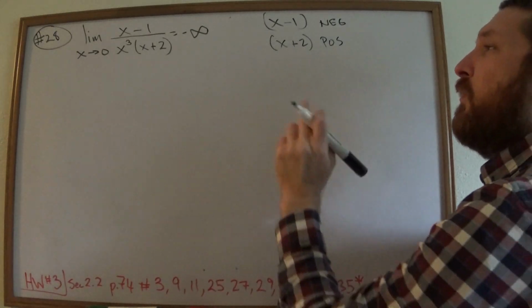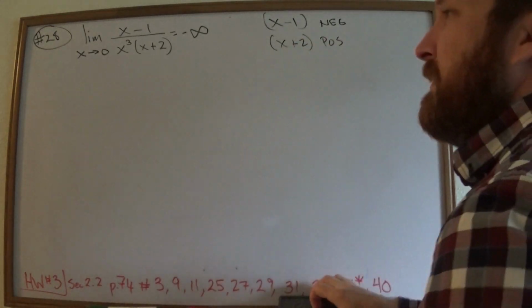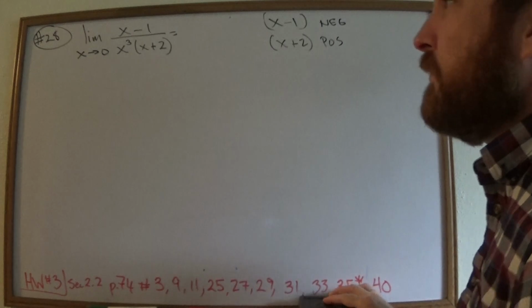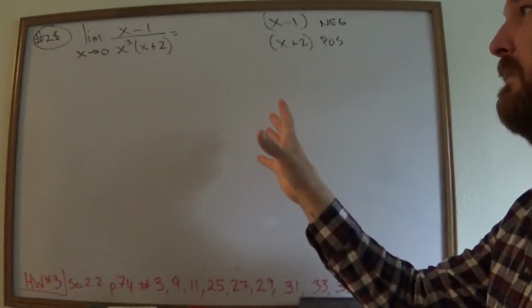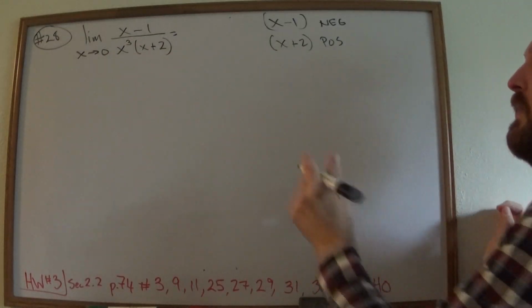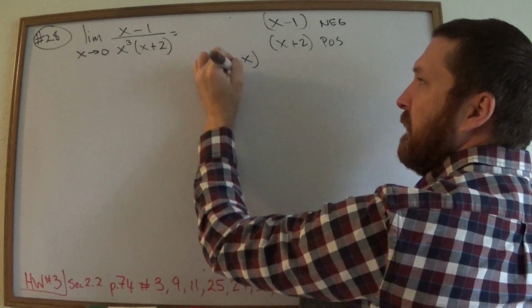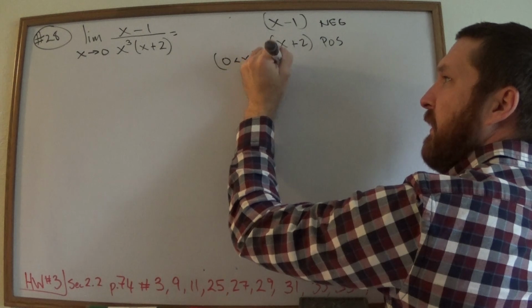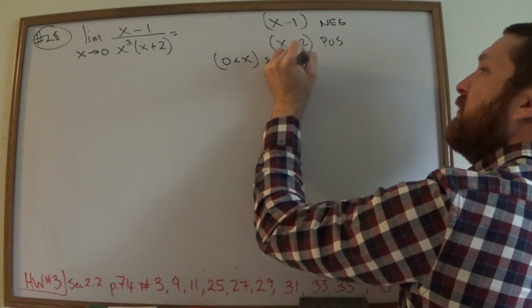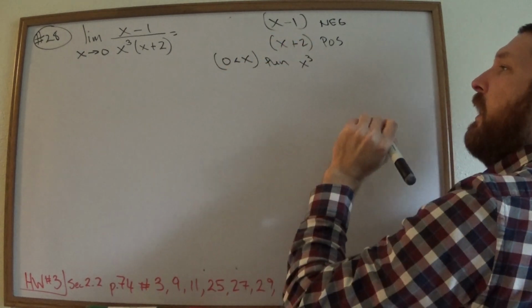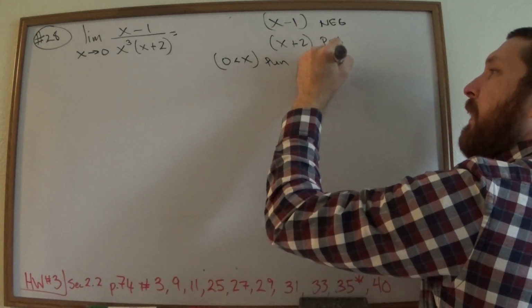So now let's actually break this up. I'm starting to see that this may be a different problem. Let's say when x is positive here, then x cubed is positive.